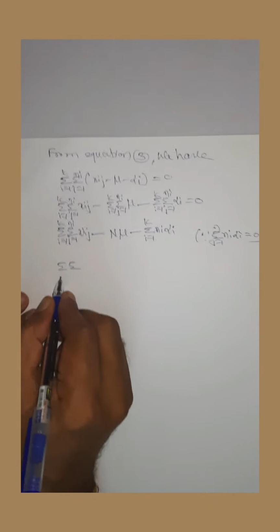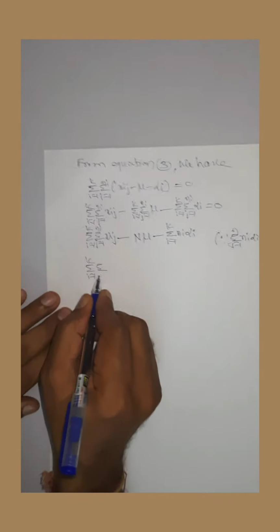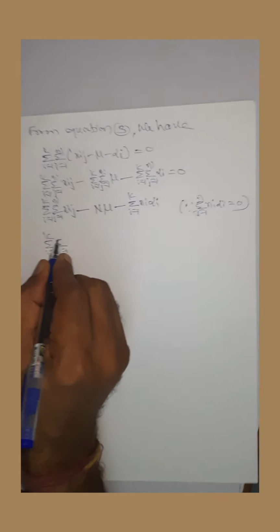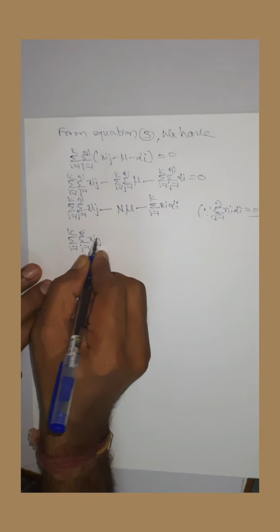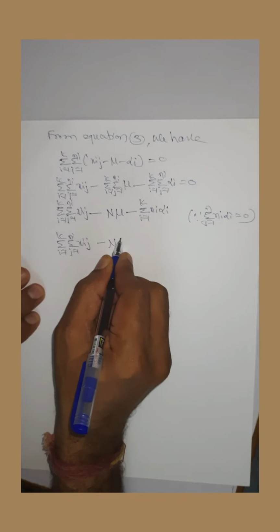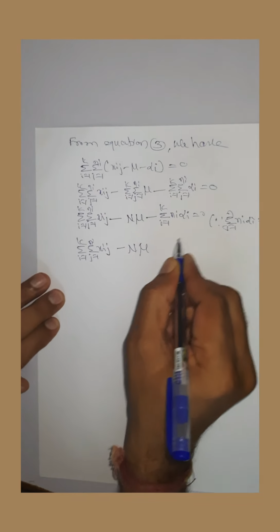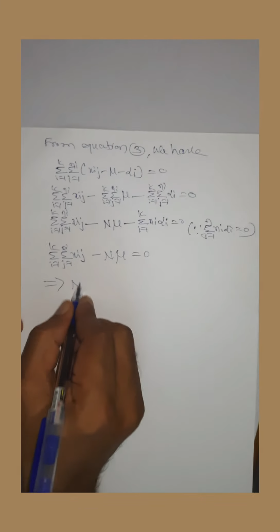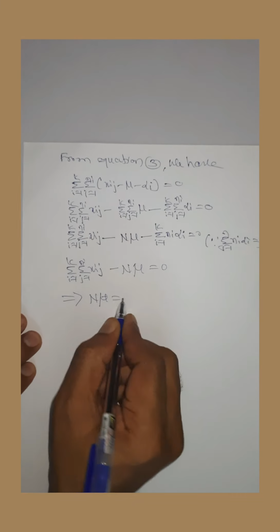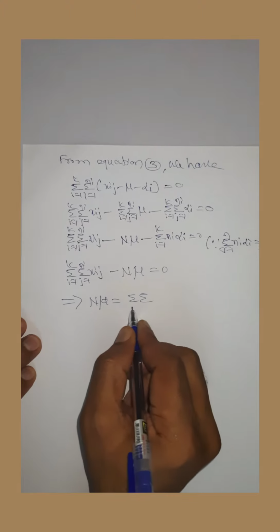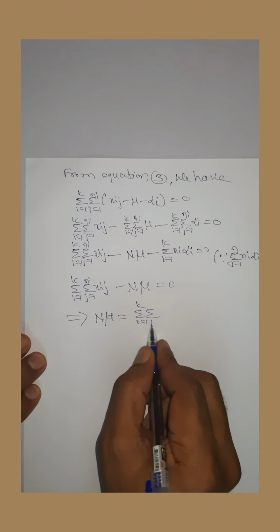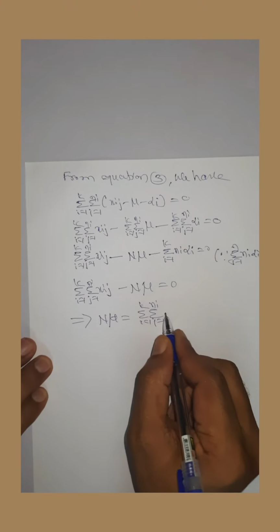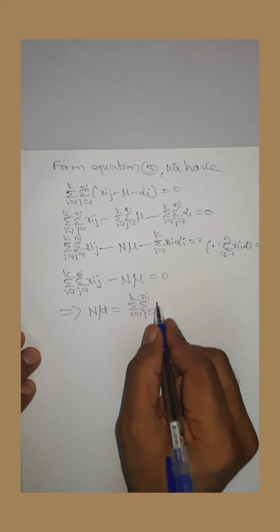Double summation i equals 1 to k, j equals 1 to ni, xij minus n mu is equal to 0. This implies n mu is equal to double summation i equals 1 to k, j equals 1 to ni, xij.